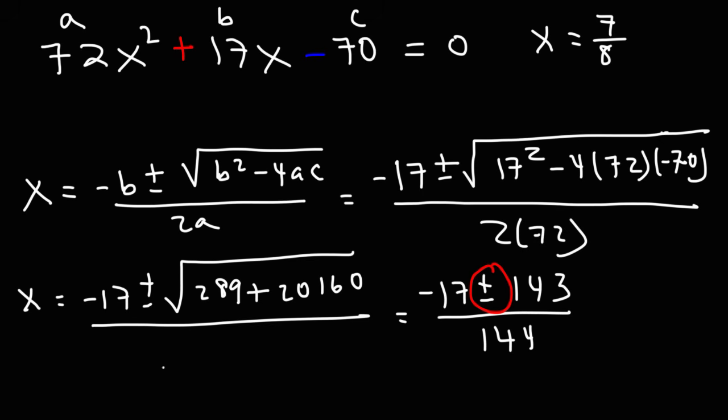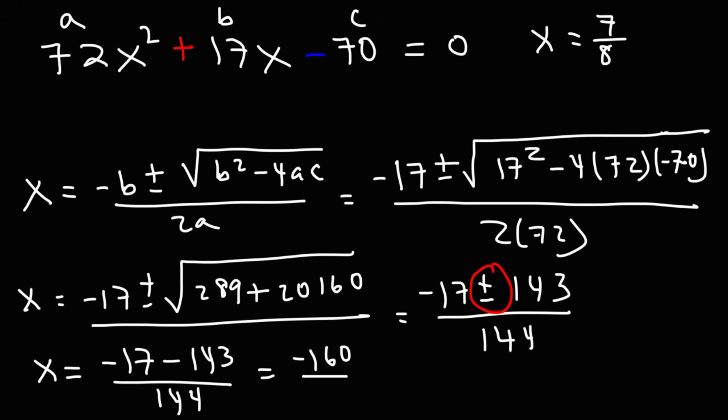So instead of using the plus sign, we're now going to use the minus sign. Negative 17 minus 143 over 144. Negative 17 minus 143, that is negative 160. Now let's see how we can break this into smaller numbers.